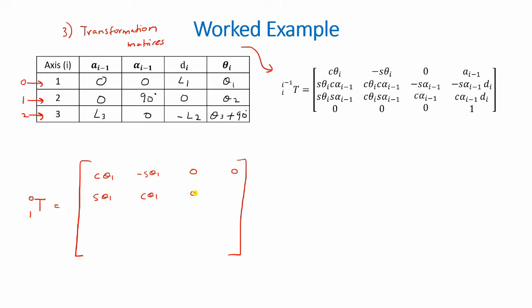You would have 0. Cos sine 0 is 0. And the second value would also be 0. Again, 0 sine alpha I minus 1 is 0. So this whole term goes to 0. This whole term goes to 0. This term would become 1. And this term would become L1, because di is equal to L1. And 0, 0, 0, 1.